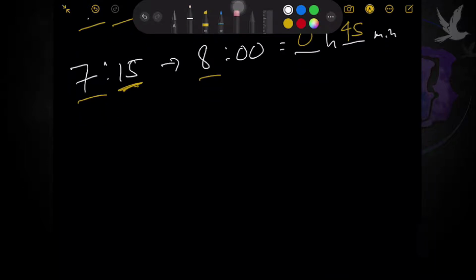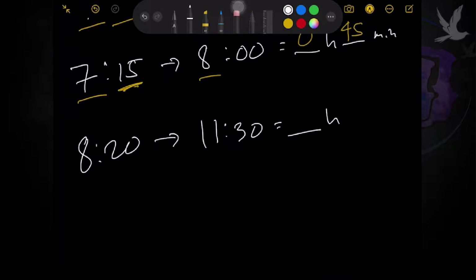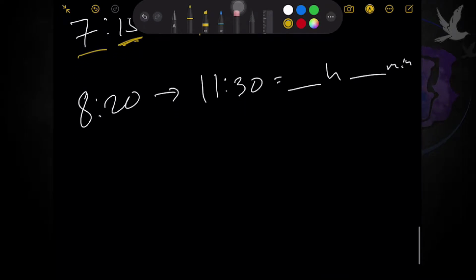So, let's say you have 8:20 and the time here is, let's say, 11:30. Number of hours and minutes ang difference nila. So, it is safe for you to make parang a skip count of the time. So, you have 8:20 and 9:20.